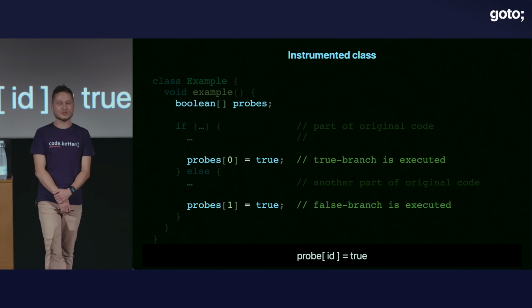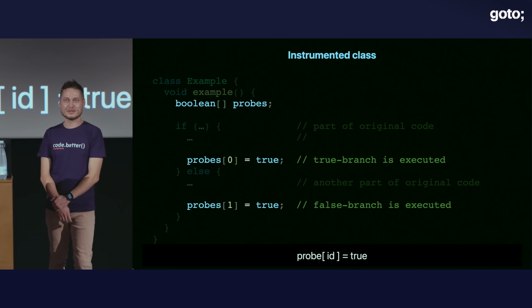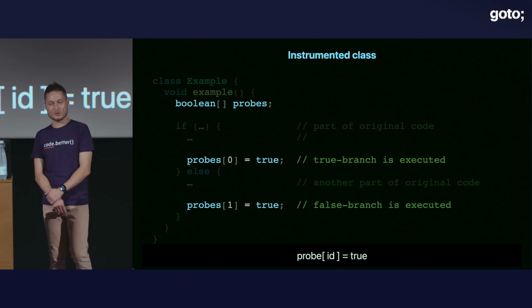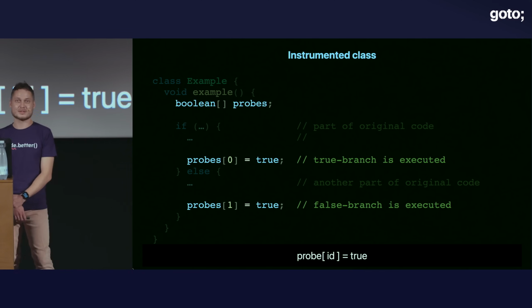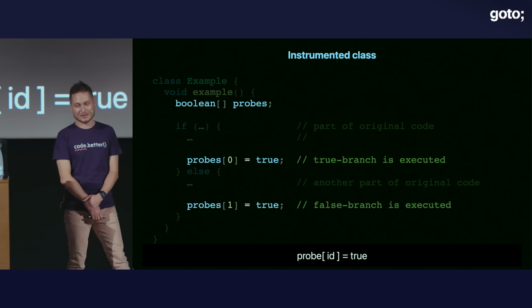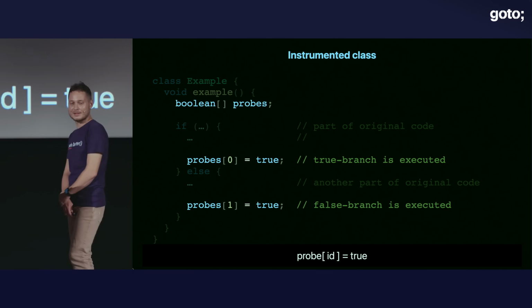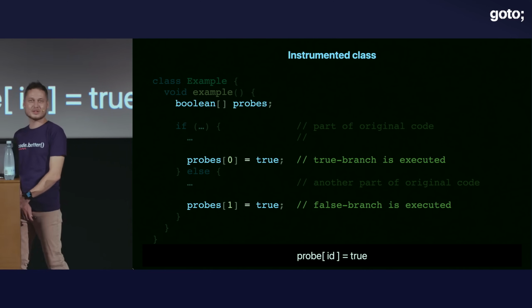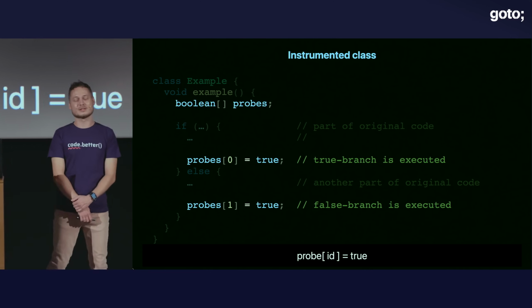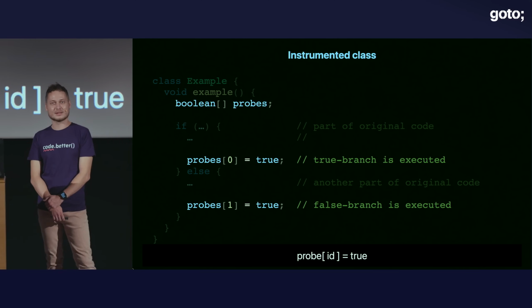If you write true in this storage at some index, we simply indicate that the probe with this ID was executed. That's it. I spent years trying to find a better construction with a lower overhead. It's hard to imagine anything else. It's as simple as that.